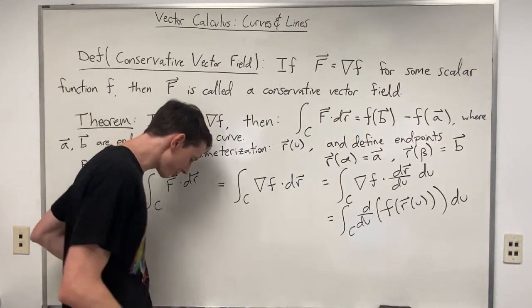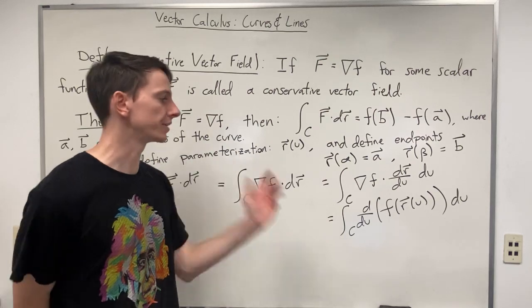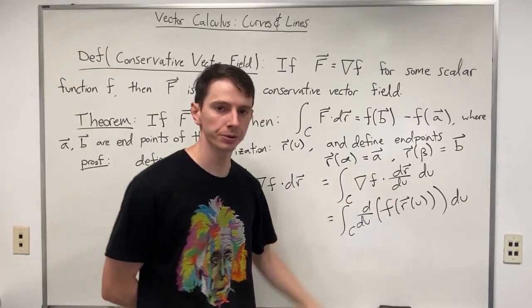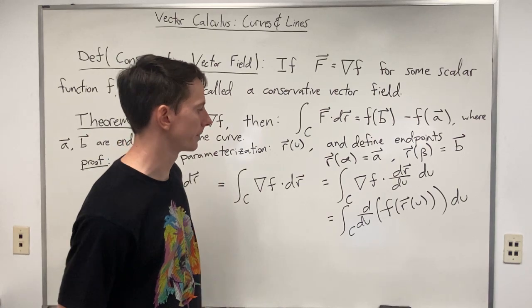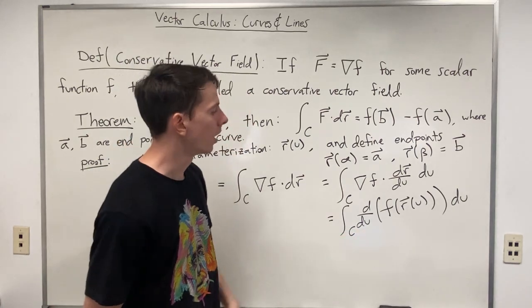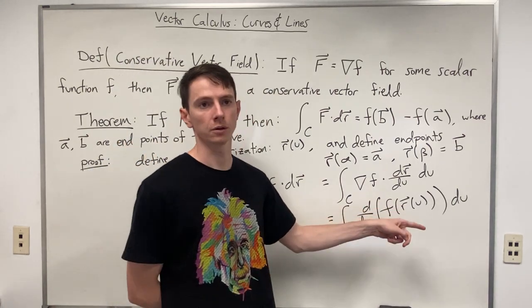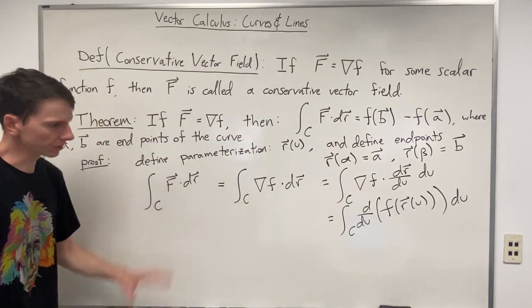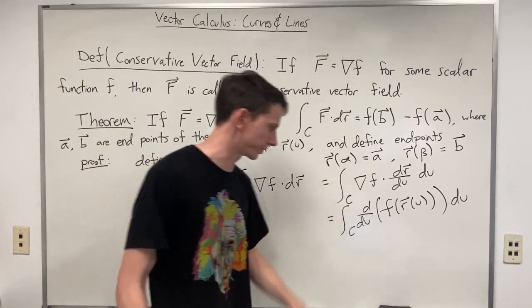So the jump that we made was rewriting the integrand from the gradient of f dot dr du, and re-expressing it as the u derivative of f of r, where r is itself a function of u. Okay. So let's understand how we go from here to here.